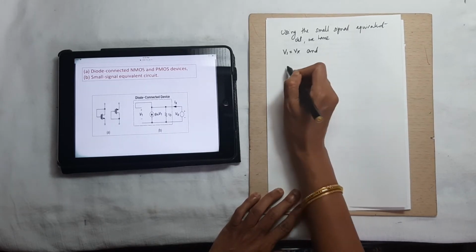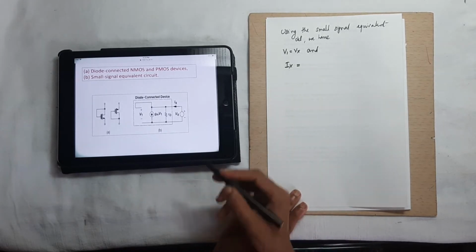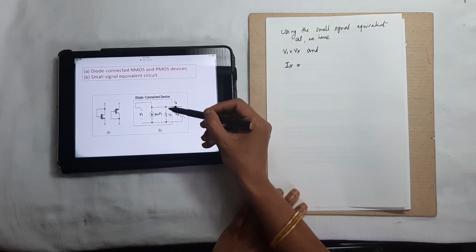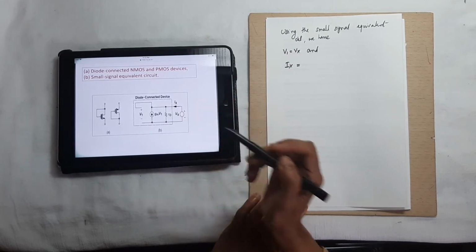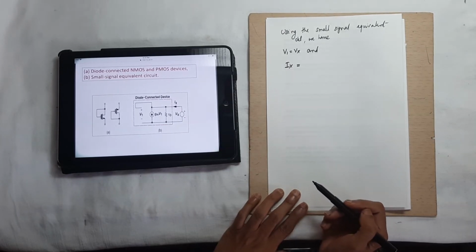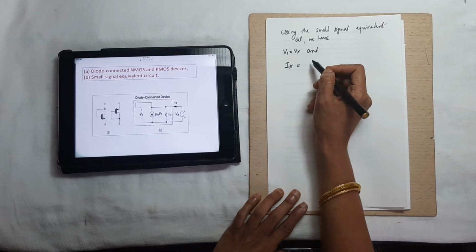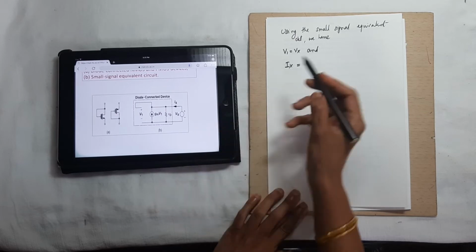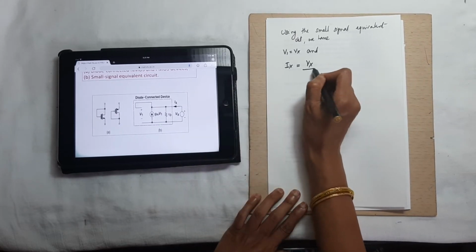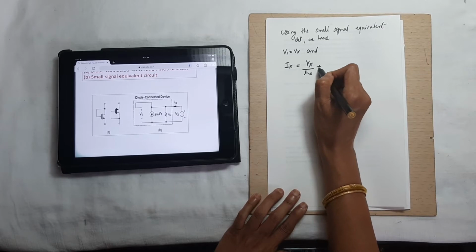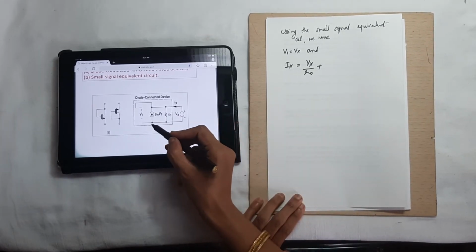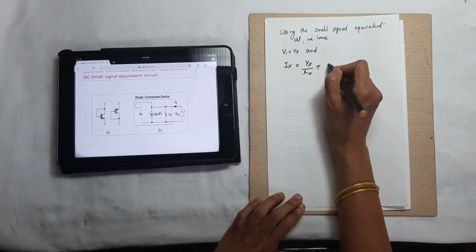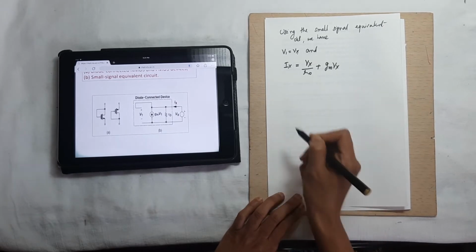And how do we write the expression for Ix? Ix is divided into two parts. Some part of Ix flows through R0 and some part flows through gm times V1. Therefore, Ix is the current through R0, which is Vx divided by R0, plus gm times V1. Since V1 is equal to Vx, this is gm times Vx.